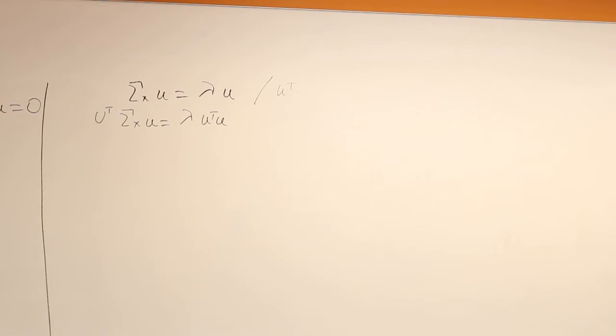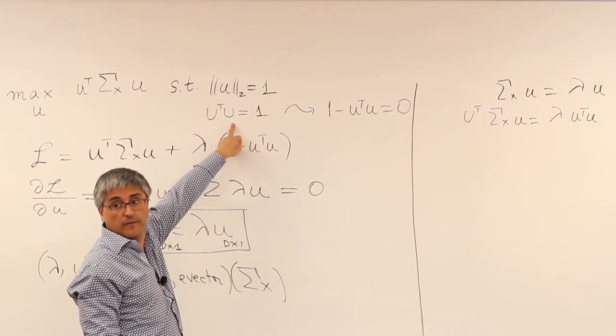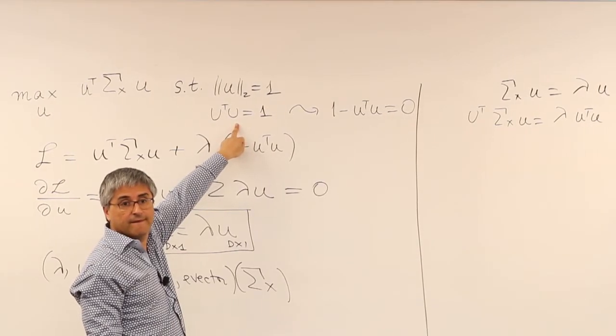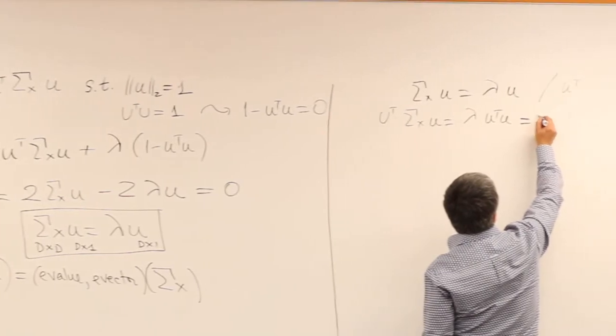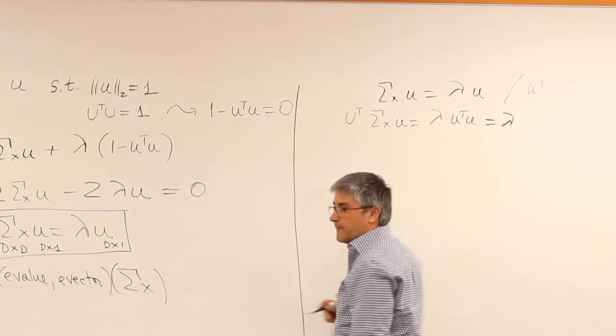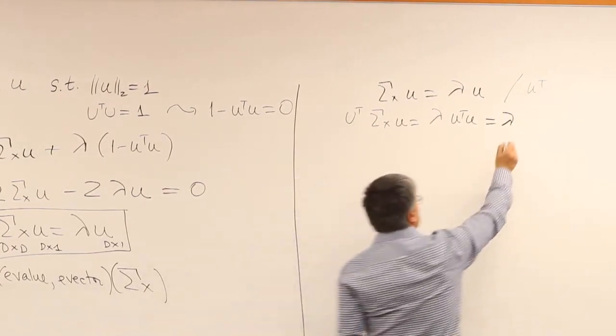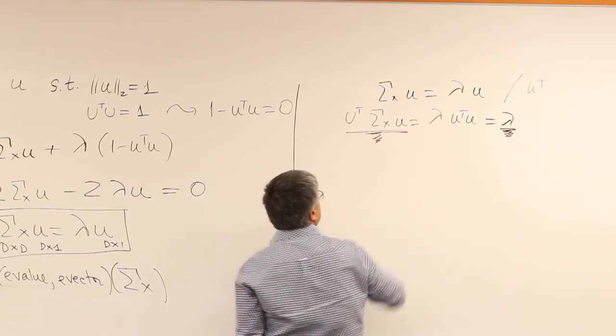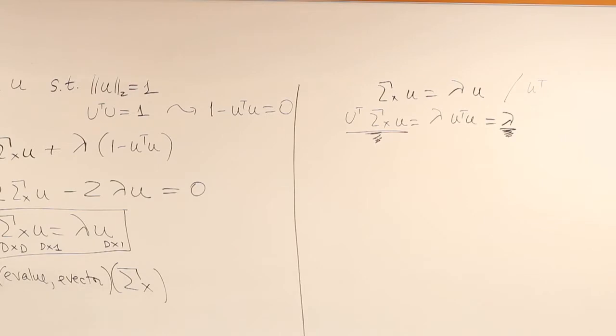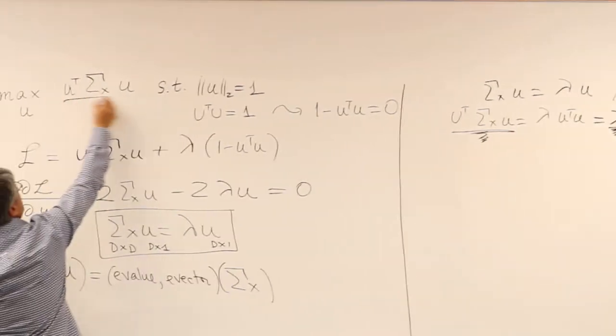But look, it so happens that U transpose U is equal to 1. So this is just equal to lambda. So the value of lambda is equal to the value of this thing. But that thing is the thing that's here.